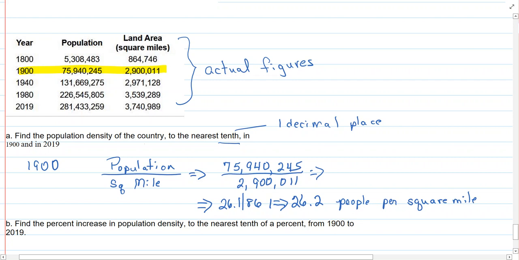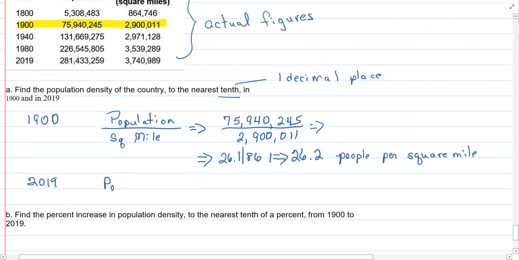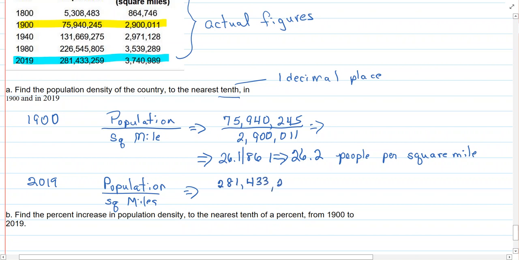All right, so that takes care of that year, and then they want 2019. Again, we're looking at population over the square miles. In this case, we're talking 281,433,259 divided by 3,740,989.